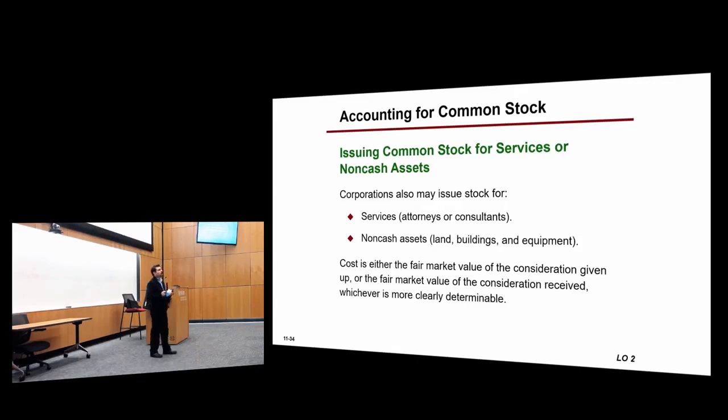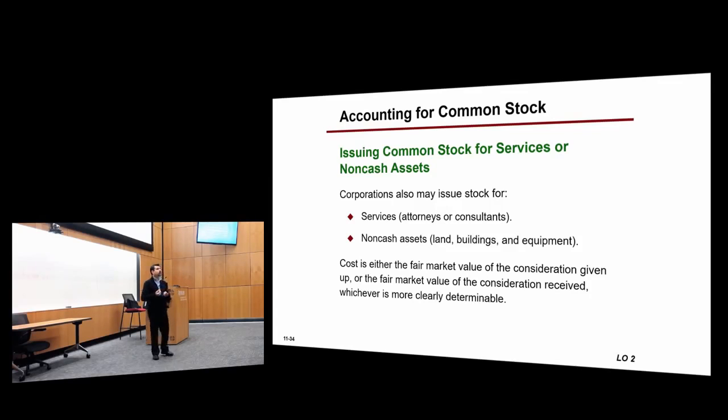When they pay them in stock, we have to decide whether the value of the issued stocks is easier to determine with accuracy, or whether it is the value of the service provided or the good that is purchased.